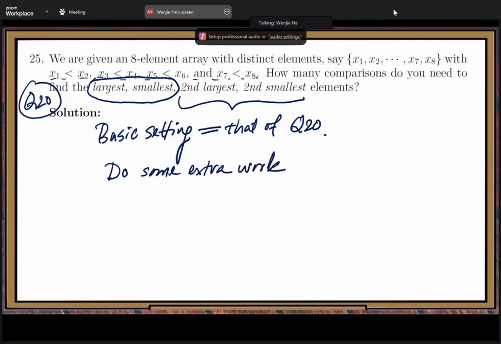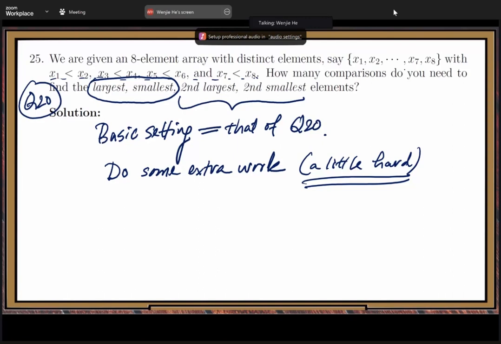And this part is a little hard. Okay? Last one. You need to do some smart work. The good thing is you do not have too many elements, right?